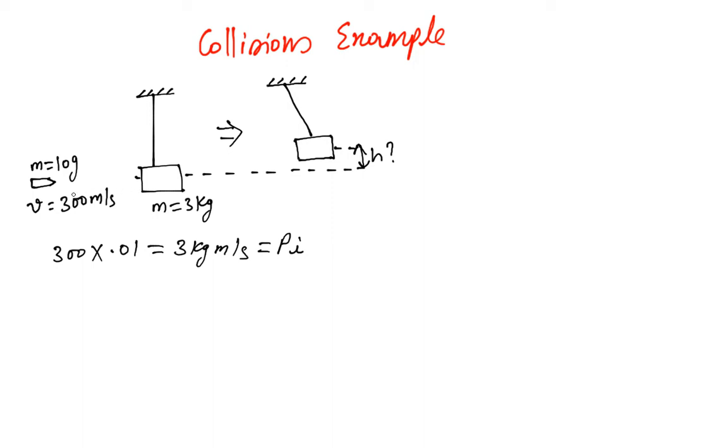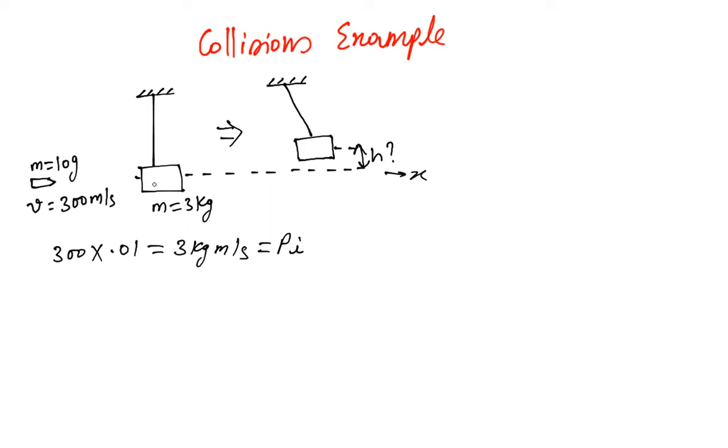Just after the bullet lodges itself inside, the block starts to move forward in the x direction. So what is the velocity of this new block bullet system? Well, this new block bullet system should have the same momentum as the bullet, because the momentum should remain conserved just after the collision.